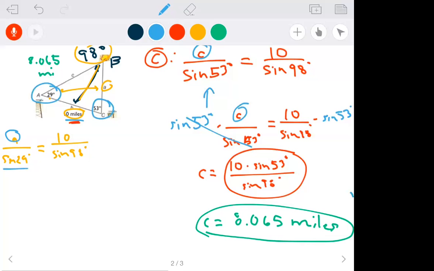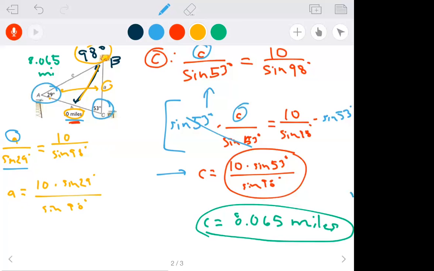I'm going to skip this step right here and just jump right to the last one. So we end up with A equals, now remember, I multiplied both sides by the sine of 29 because that cancels it out on the left and just gives me A left over. So it's 10 times the sine of 29 degrees, all divided by the sine of 98 degrees.